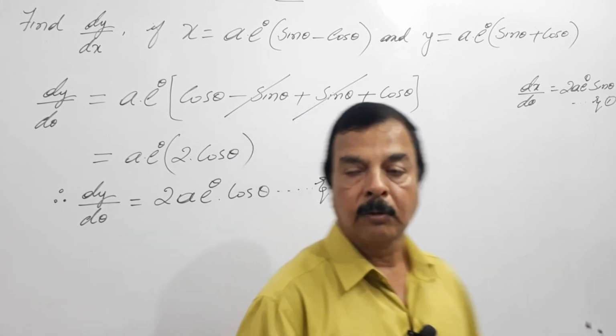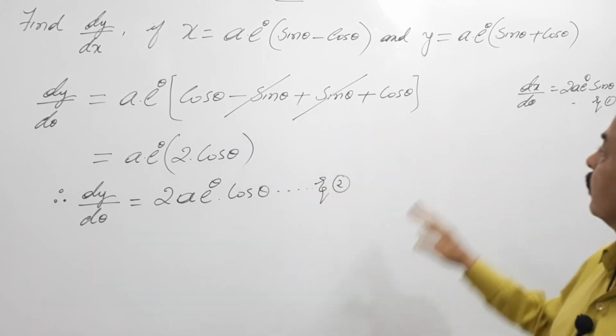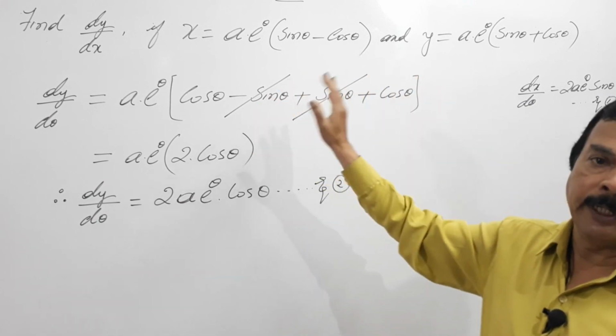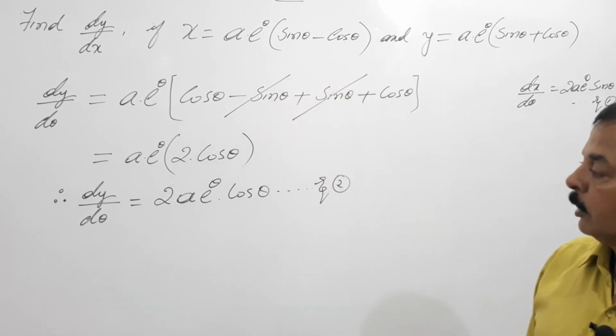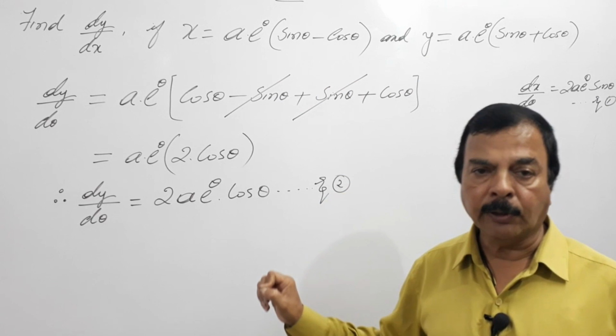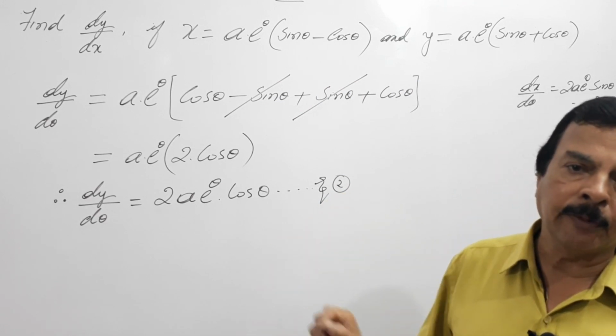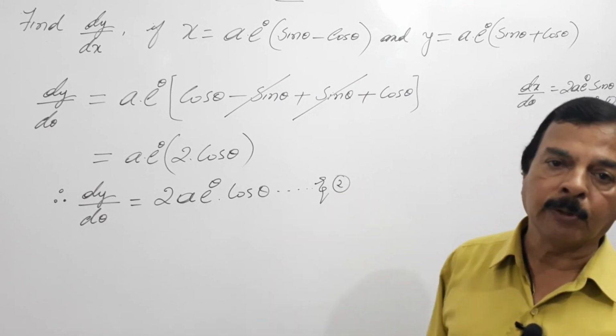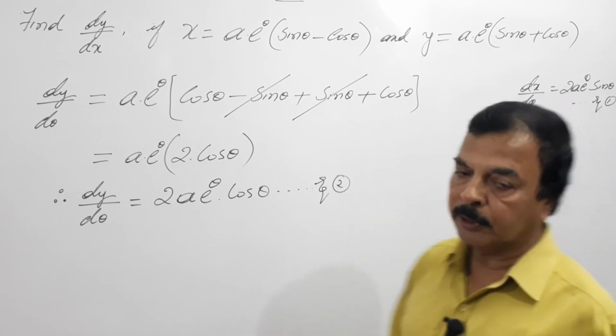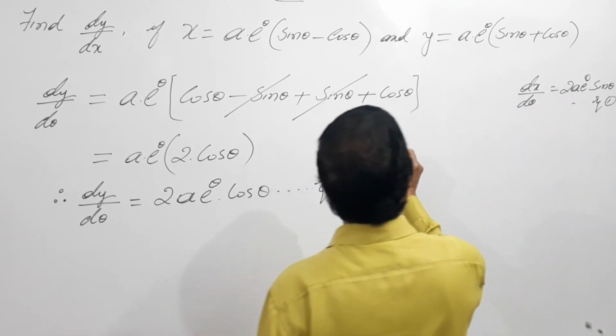So now, once you have got dx by d theta and dy by d theta, you can easily find out dy by dx. How will you find out dy by dx? Use chain rule. What is chain rule? I'll teach you now.